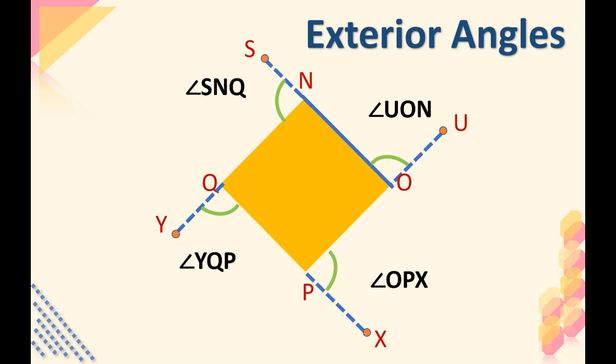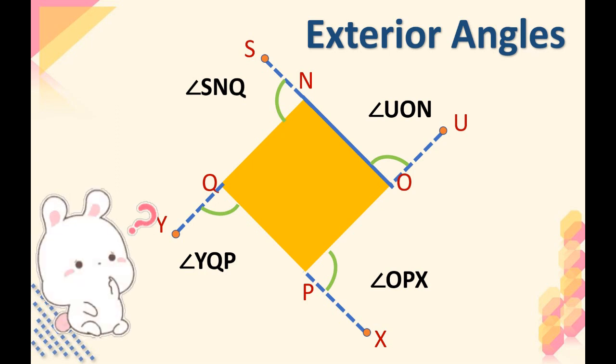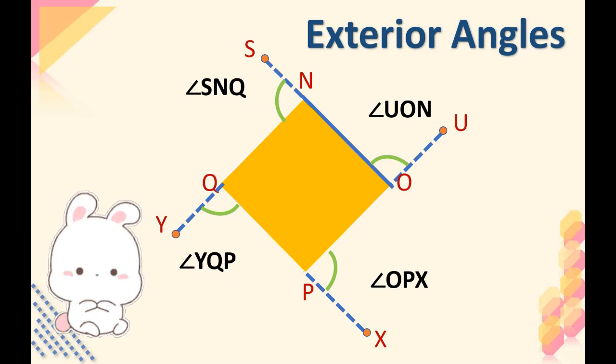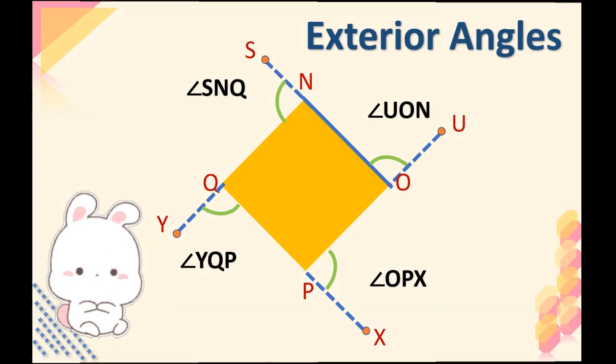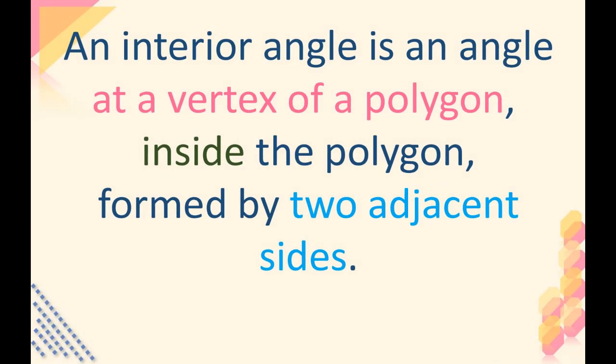So, based on what we have discussed, how will you differentiate interior angles and exterior angles of a polygon? An interior angle is an angle at the vertex of a polygon, inside the polygon, formed by 2 adjacent sides.